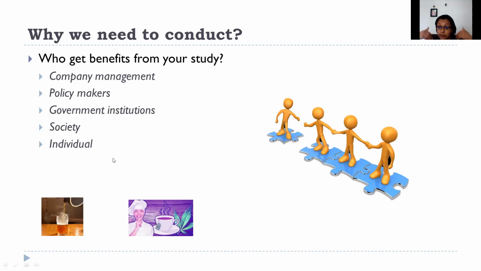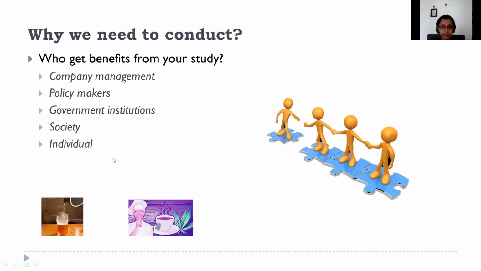So these are the things you need to think about. And the government institutions, so the government makes some kind of strategic implementation based on the findings you have made, right? And the society, right? The entire benefit finally goes to the society because we all are living in one common society, right? And the individual wise.